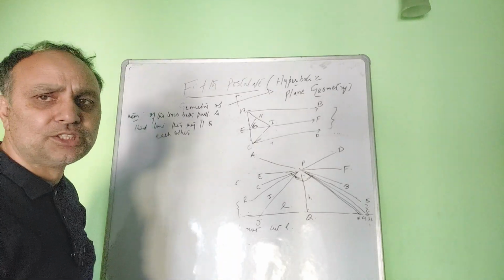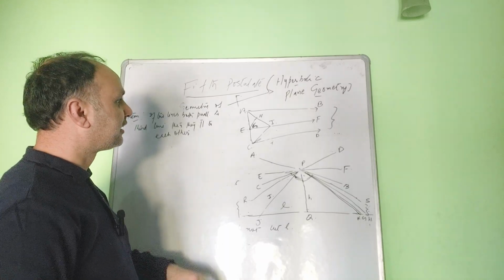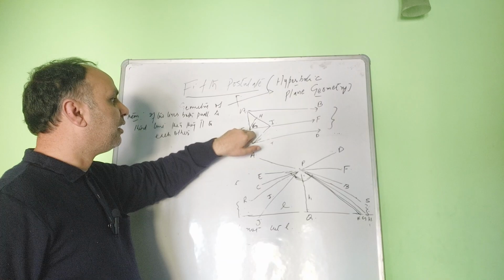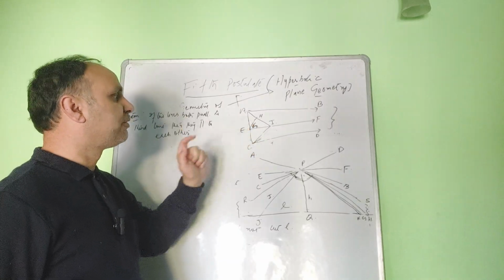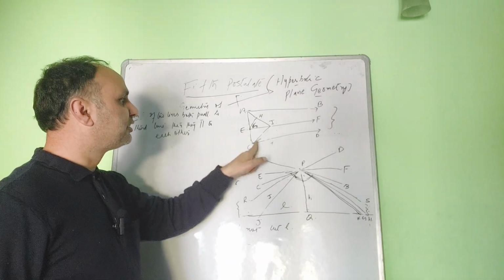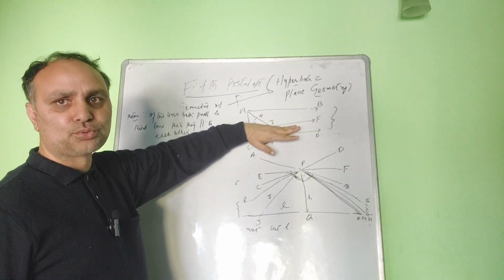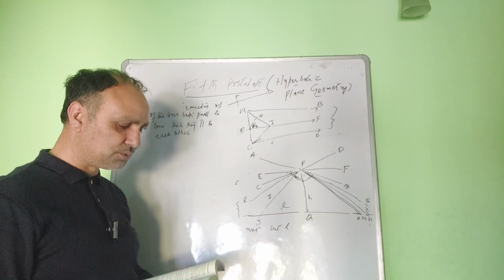So the proof hinges on only one simple fact: we cannot construct another parallel from this point which is parallel to CD. One and only one line can be drawn parallel to CD, which should coincide with this. Otherwise, it leads to a contradiction.